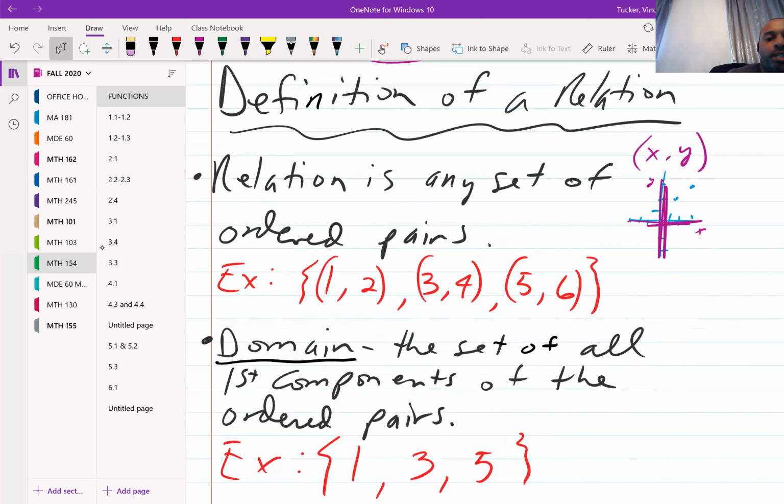A relation is any set of ordered pairs. All right. Your domain is the set of all the first components of your ordered pairs, in other words, your x values in this case. So we're looking at 1, 3, 5.